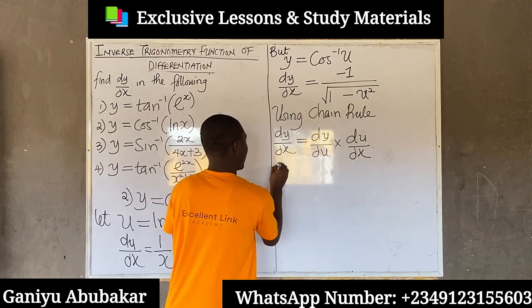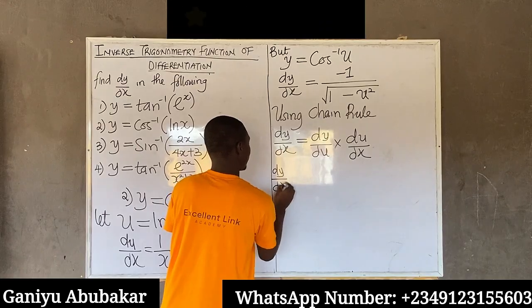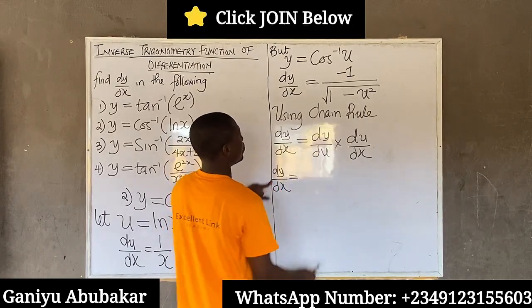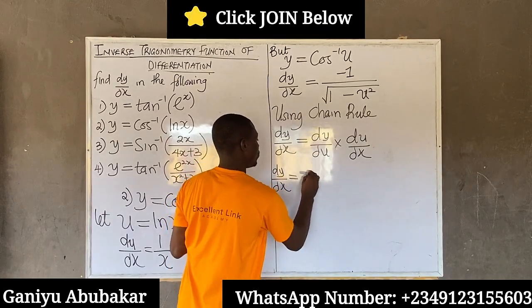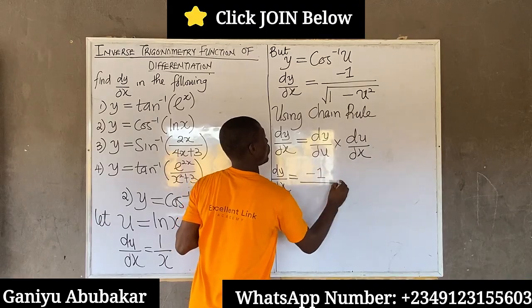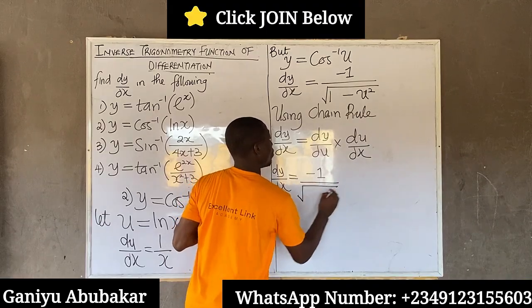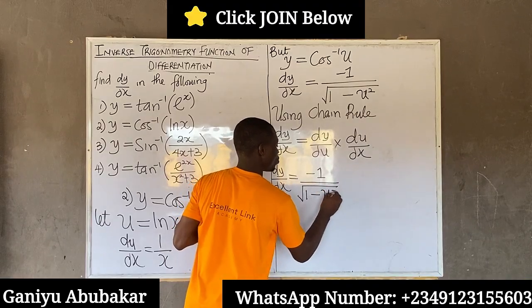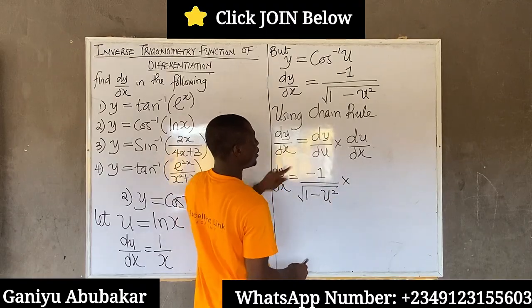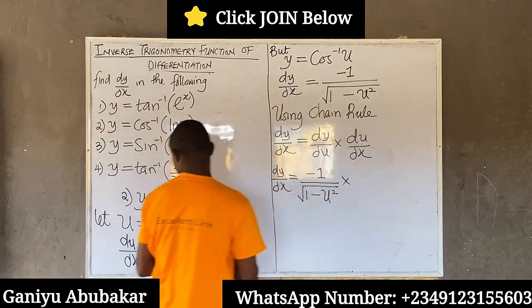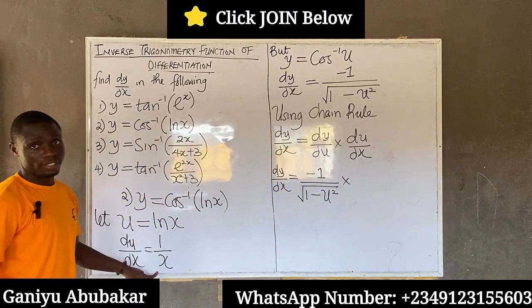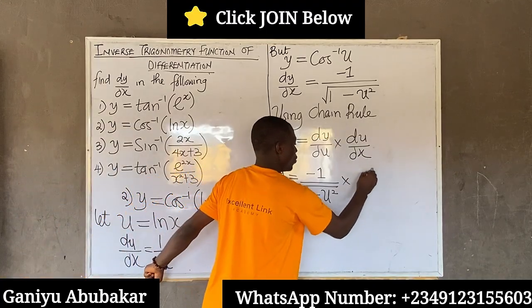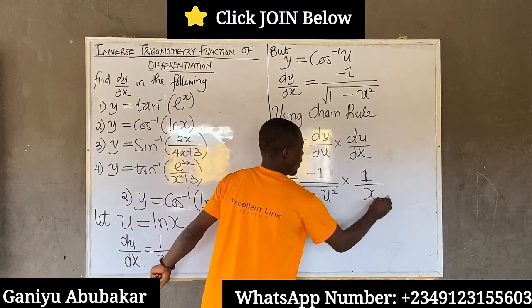In other words, I'll have that dy dx value will be equal to dy du, which is negative 1 all over the square root of 1 minus u squared, multiplied by du dx. Du dx here is 1 over x. So I have 1 over x.